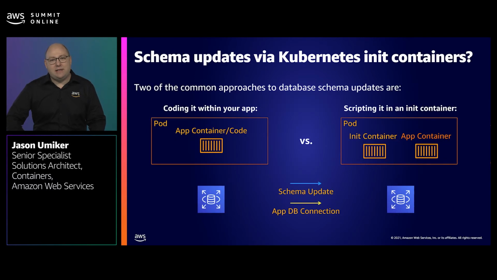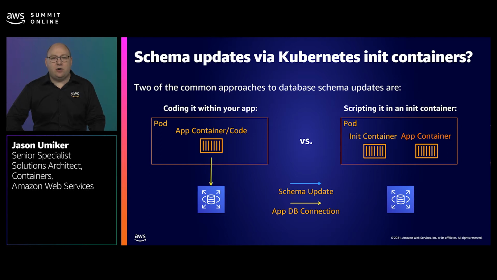Coming back to database schema updates, there's two ways to handle those if you want to orchestrate it within Kubernetes. The first is you can put logic to do this upgrade in your application so that when it starts up, it will check if an upgrade is necessary and do that if required before handing the database connection over to your normal application logic. This doesn't require any changes on the Kubernetes side.